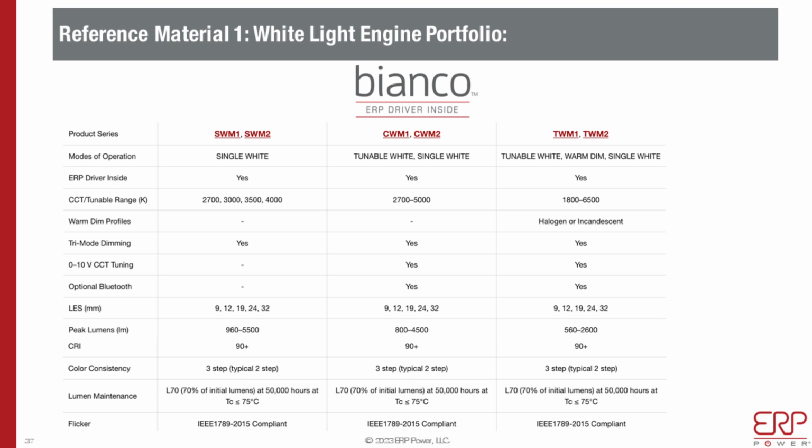And depending on the LES we go with for TWM1, let's say 9, 12, and 19, you can go up to, let's say, 1,800 or so. But if you need higher lumen, we can go with SWM, where you could see like 5,500. The same kind of thing, about 4,500 on the CWM.